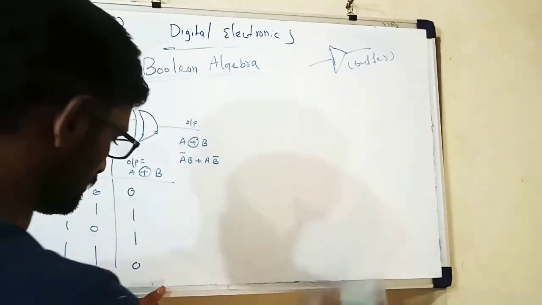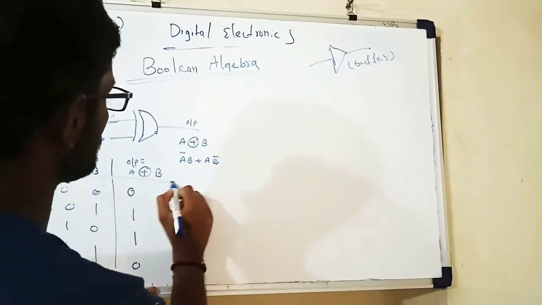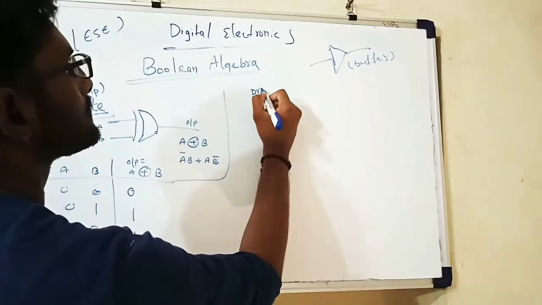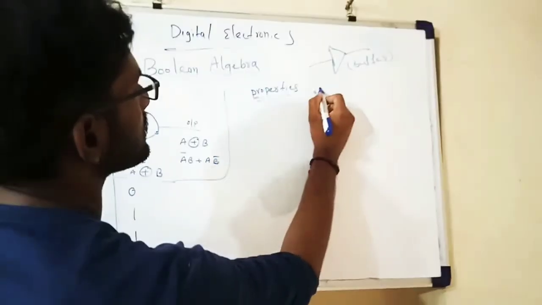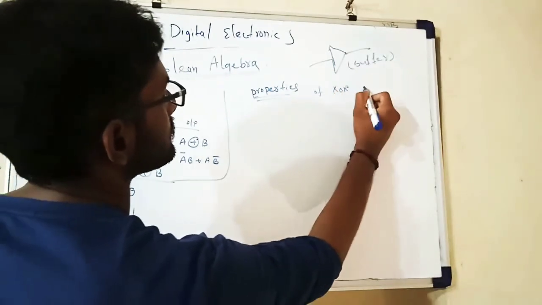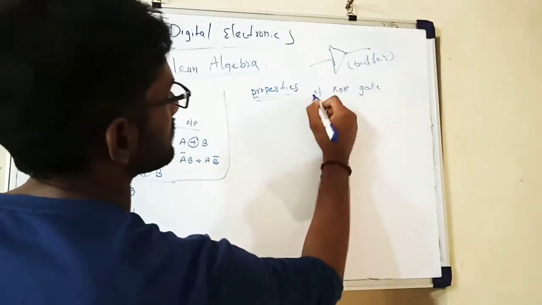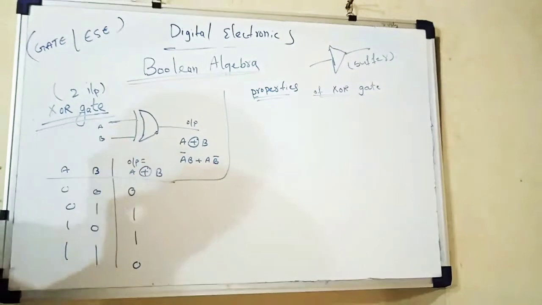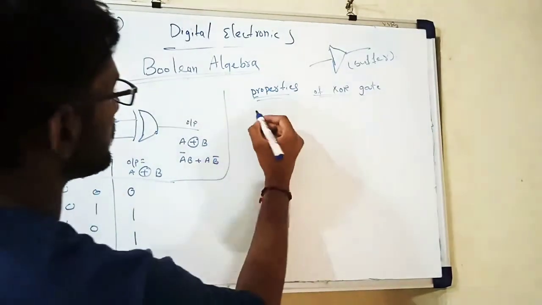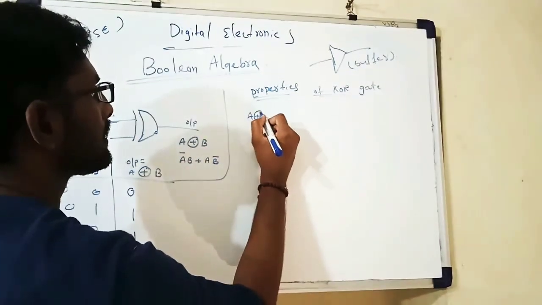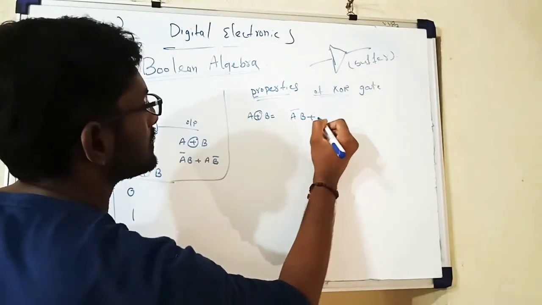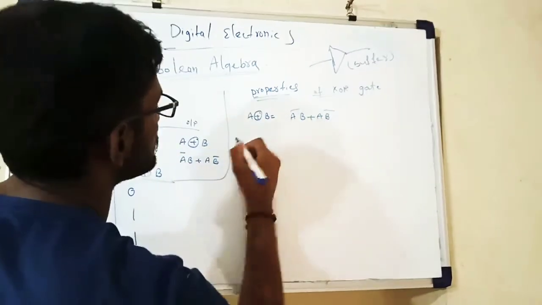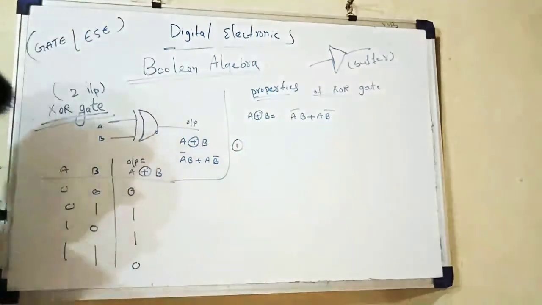Now we will see some rules for this XOR gate. These are the important properties of XOR gate, which are very useful from the GATE point of view. Here A XOR B is nothing but A bar B plus A B bar. I am reading the first property.